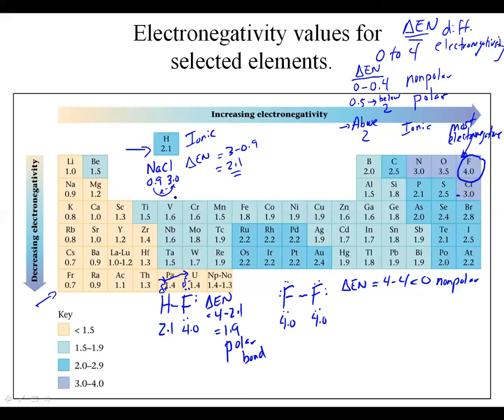Now, for the most part, to be truthfully honest with you, you pretty much don't need the electronegativity value when it comes to an ionic bond. If you see a metal and a non-metal together, you're pretty much good to go, assuming it's ionic. But the reason we do get those big differences is because non-metals are upper right on the periodic table, and our metals are kind of to the left and down.